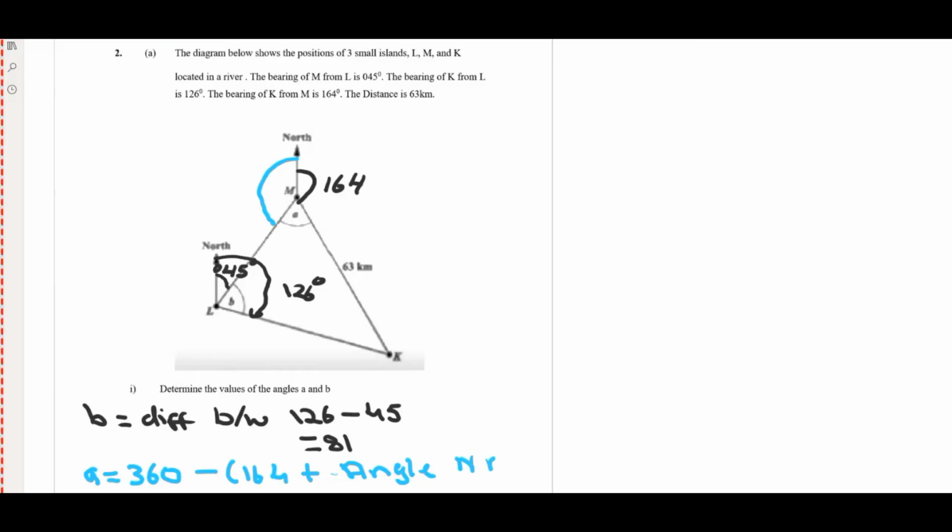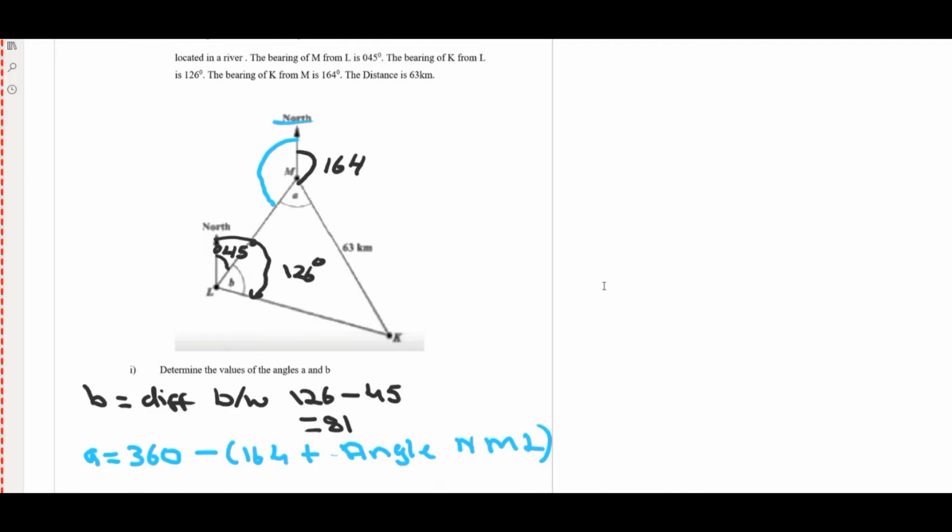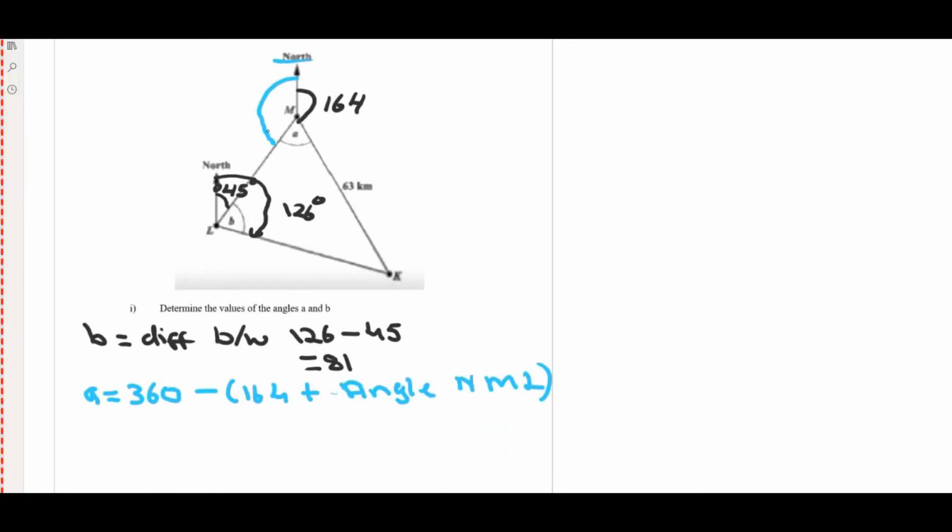What is NML? That is, this is N here, ML. So this angle that I have in light blue, can I find that angle there? We know that these two north lines are parallel.